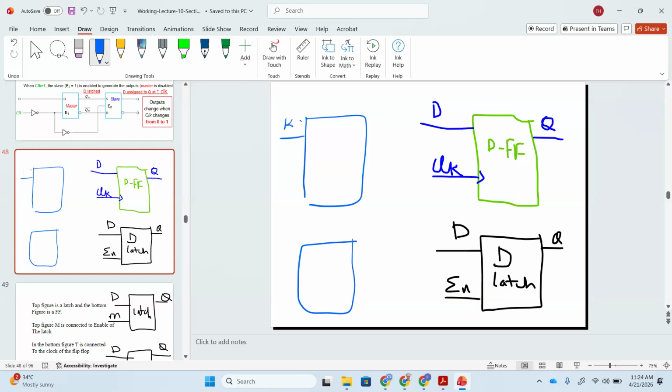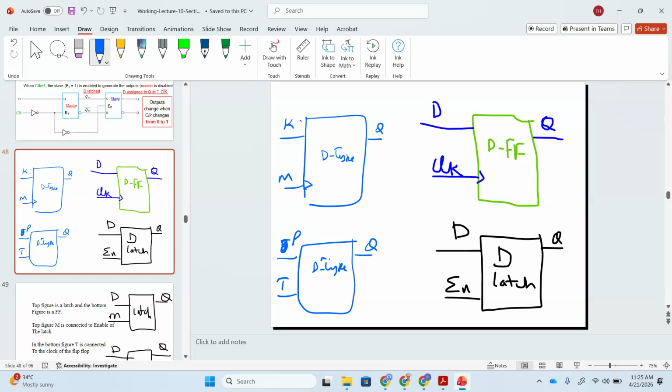This is my K, this is my Q, and this is my M, and this is my J, P, this is my Q, and this is my T. This is also a D type, and this is also a D type. Which one of these is a flip flop, and which one is a latch? I am just changing the names.